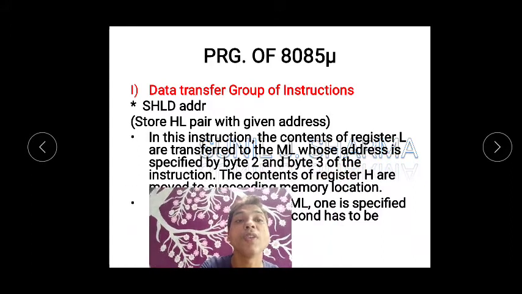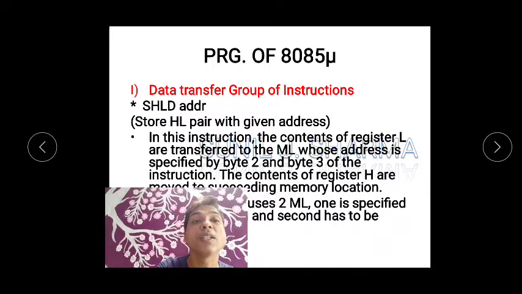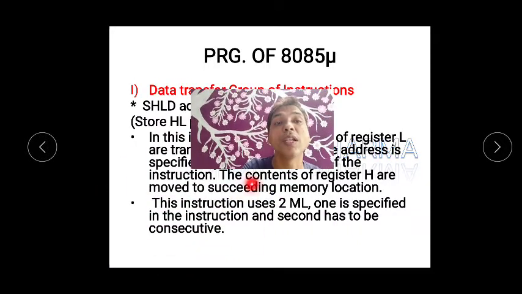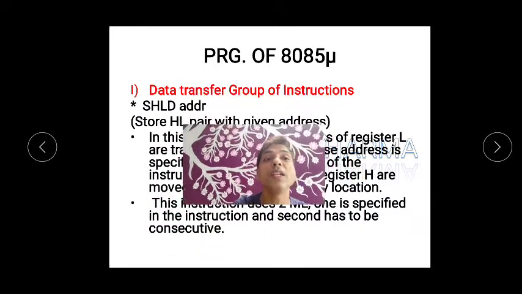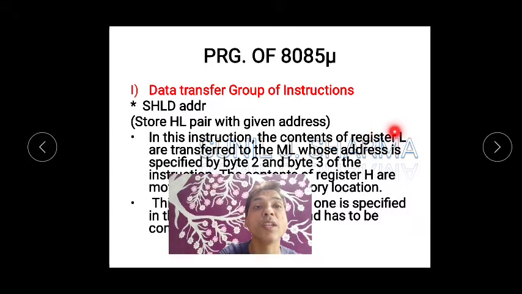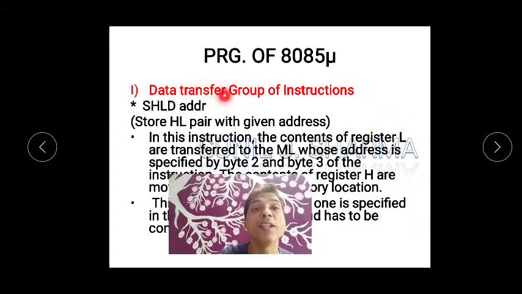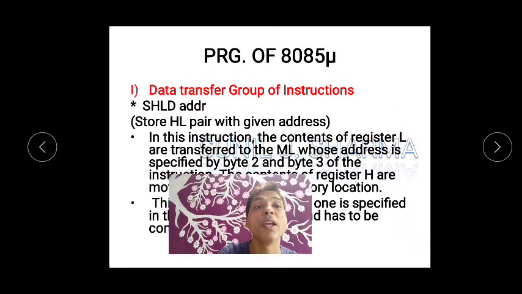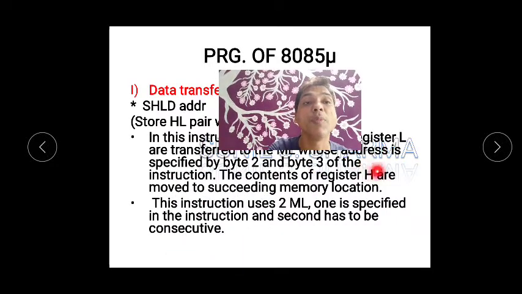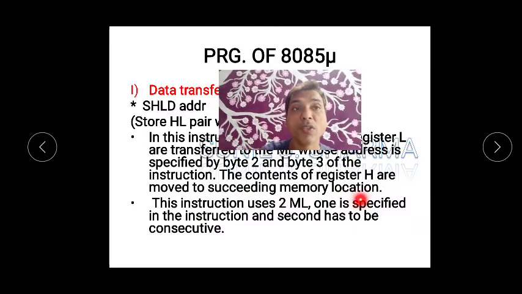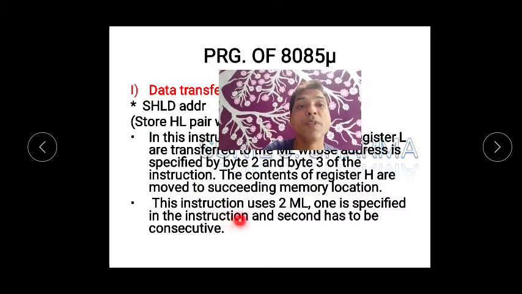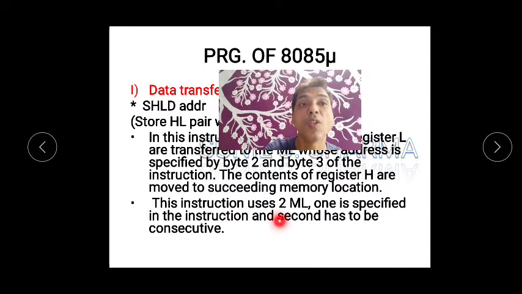The contents of H register are moved to the succeeding memory location, that is the next memory location. Or you can say that whatever the contents of L is there, that is given to the address specified in the instruction, and the contents of H will be given to the next memory location. This is also a 3 byte instruction. Okay, one is specified in the instruction and the second has to be consecutive.